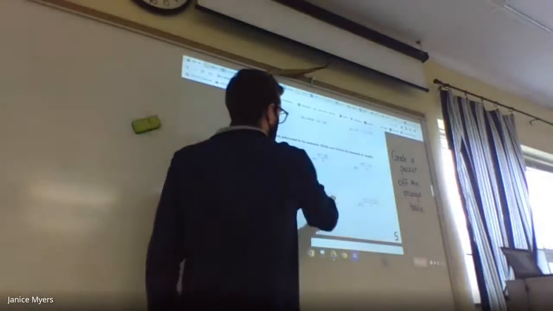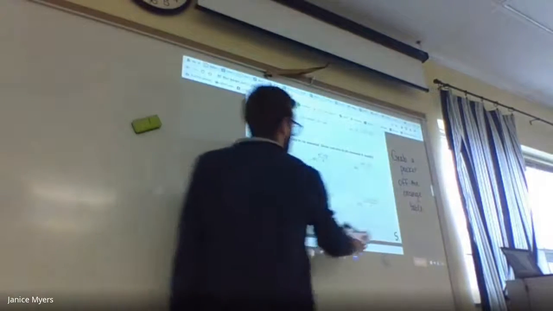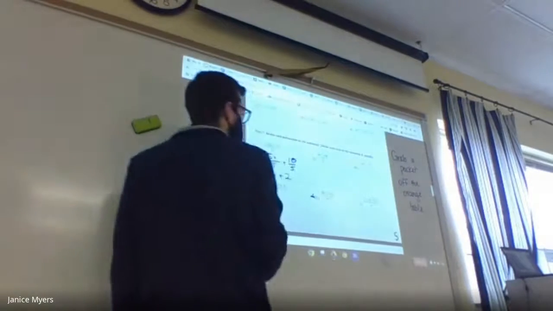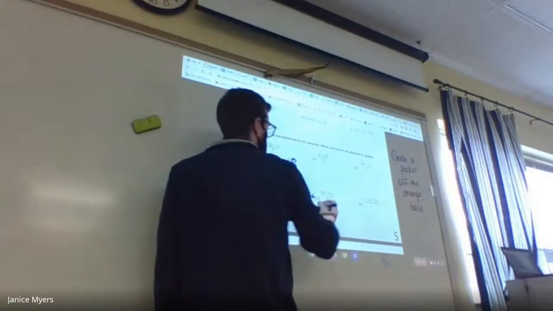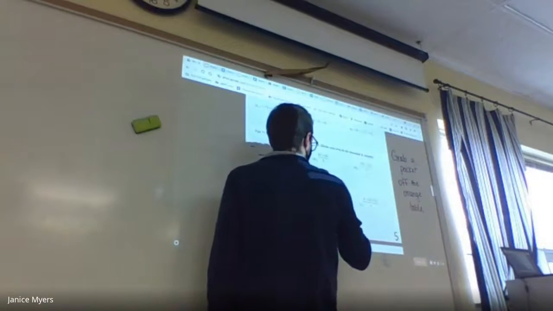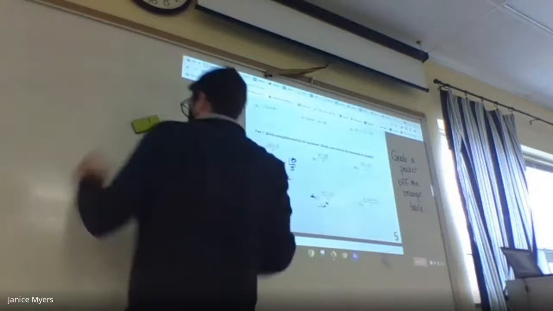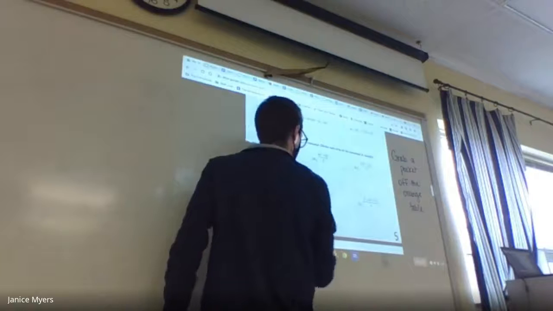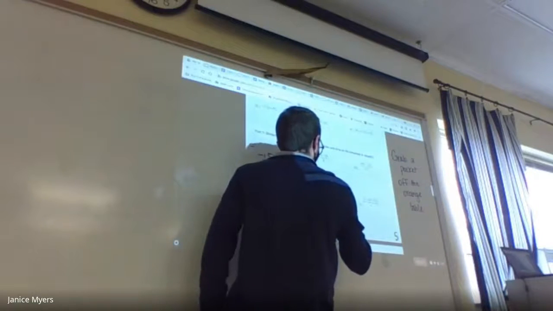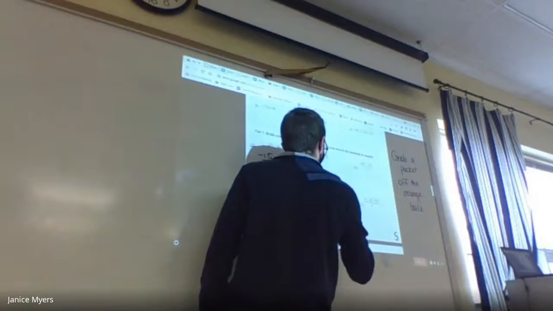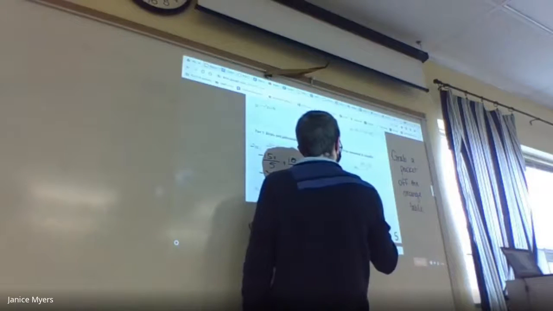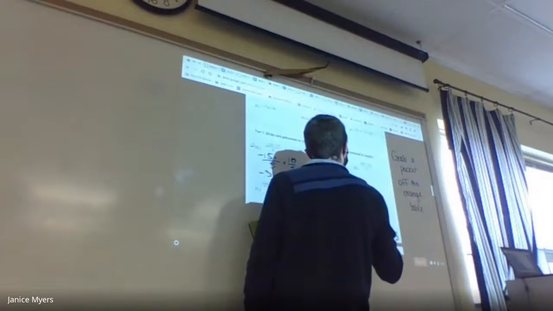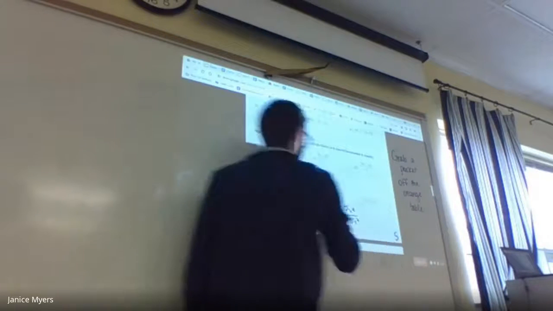Now when we go to one with a variable, we can do the same thing, split it up. So you've got 20x to the 4th over 5x squared plus 15x squared over 5x squared. So we'll split it up.